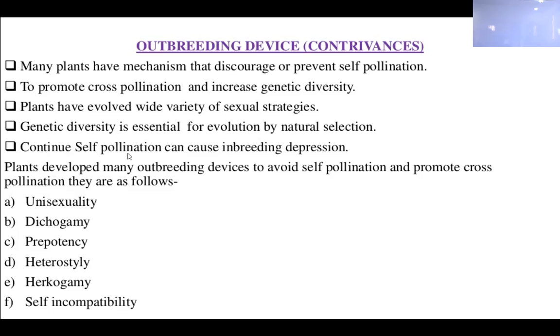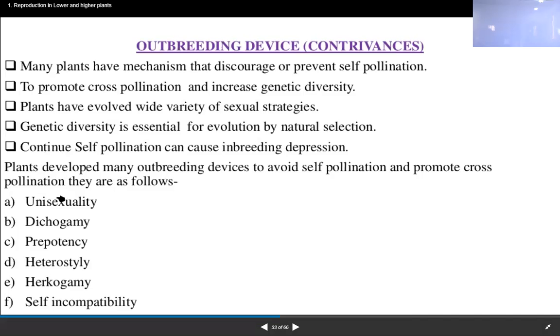But after some generations, what will happen? Fertility becomes very low, and this is called inbreeding depression. So genetic diversity is essential. Plants have developed many devices to encourage cross-pollination.